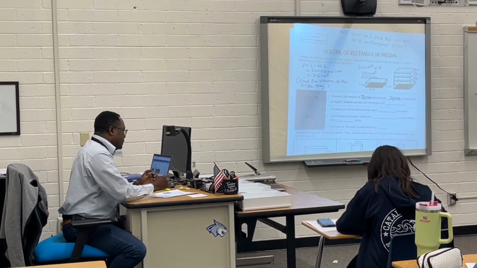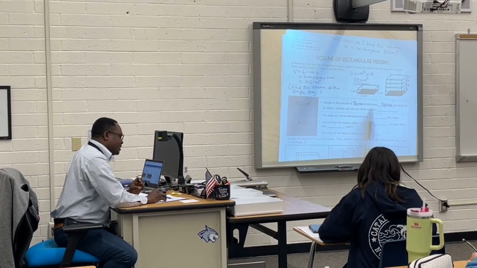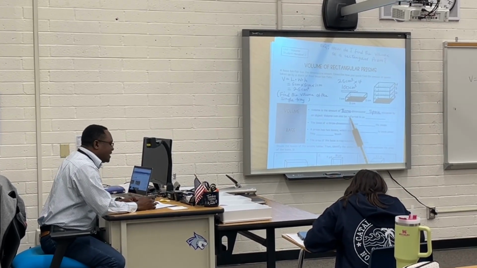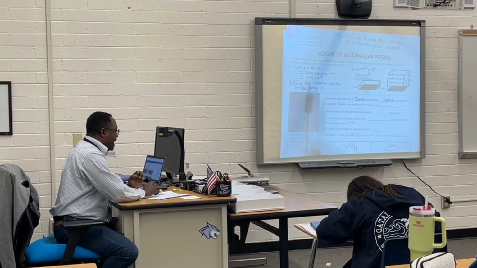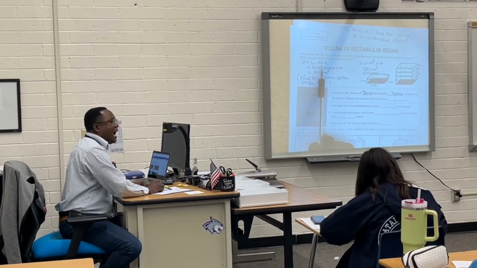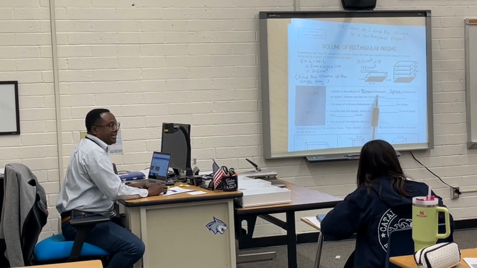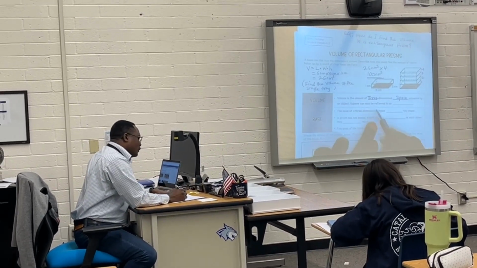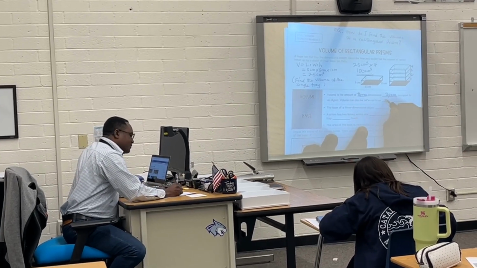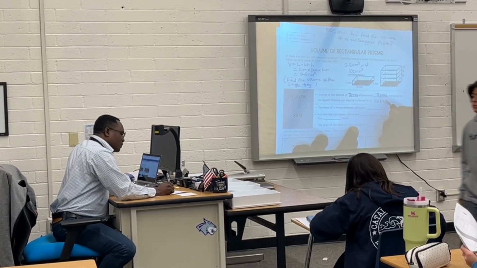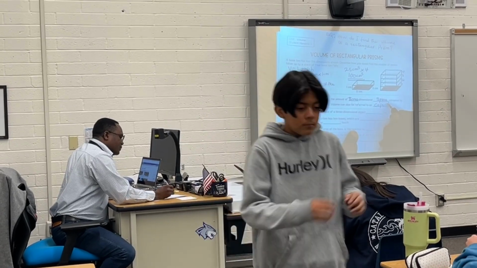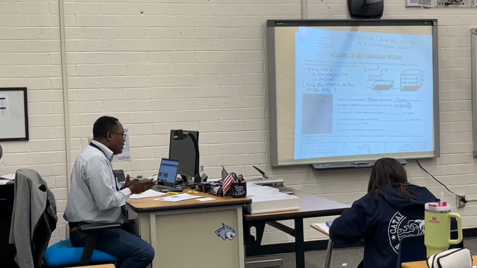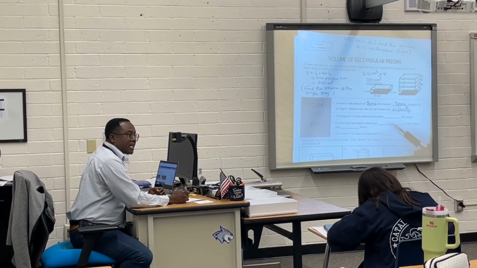If you say three-dimensional space, we mean the length, the width, and then the height. That is what is called the three-dimensional. Okay? And then volume can also be referred to as what? As capacity. So another term that we can use for volume is capacity.